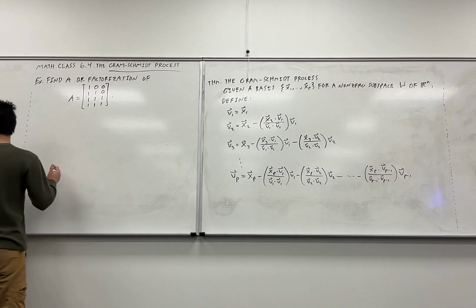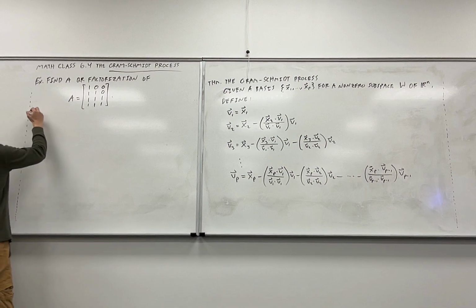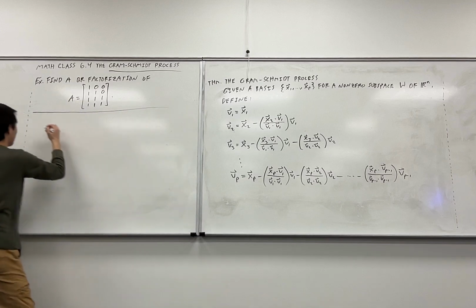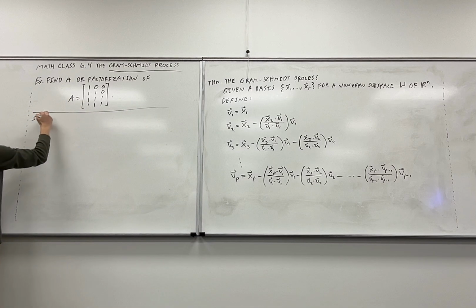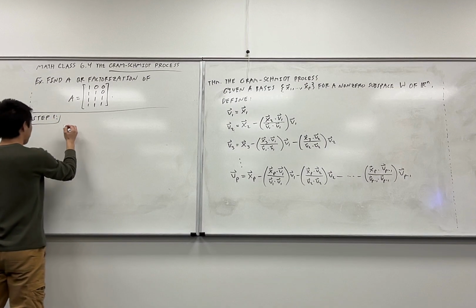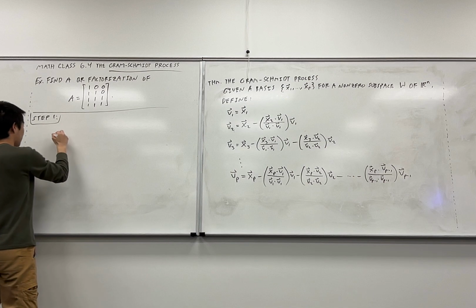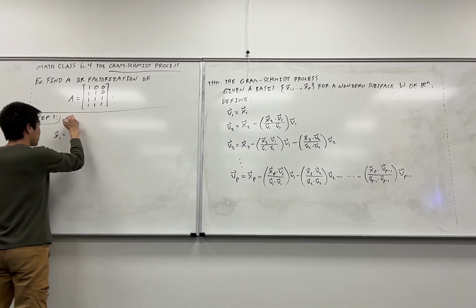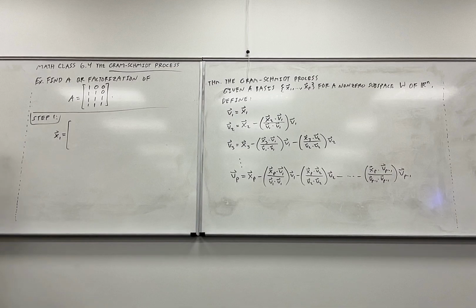So here's my first step. I'll try to break this into steps as much as possible so that you can follow along as easily as possible. Step 1. All I need to do is make a very simple observation: I'm going to take all of the columns out of my matrix, because this is going to be my starting basis.